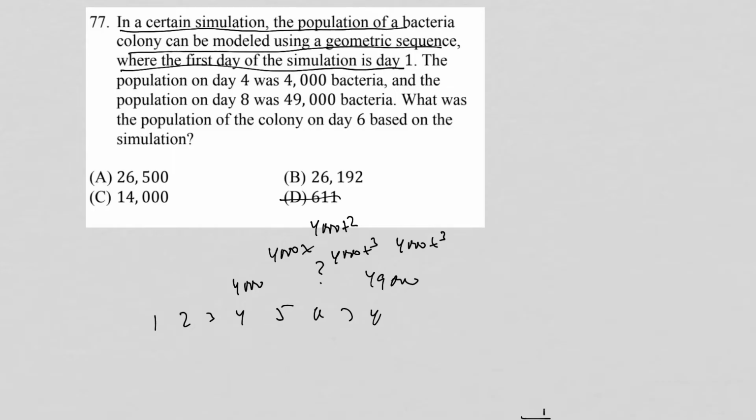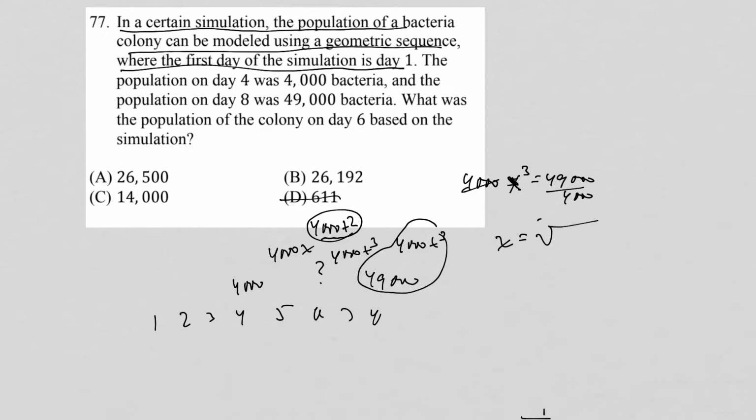So we want to know what 4,000x squared is, but we don't know x. But that's where the 49,000 comes in handy, because you can solve the equation 4,000x cubed equals 49,000. Divide both sides by 4,000, and you're going to take the cube root of 49 over 4.